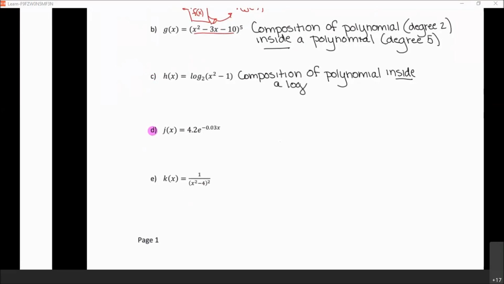Again, is it a product or a composition? Okay, and again, if you're thinking composition, the next thing you should think of is, all right, which one's inner, which one's outer?